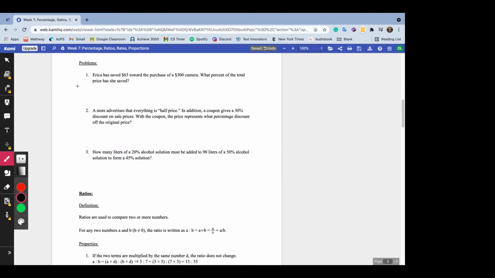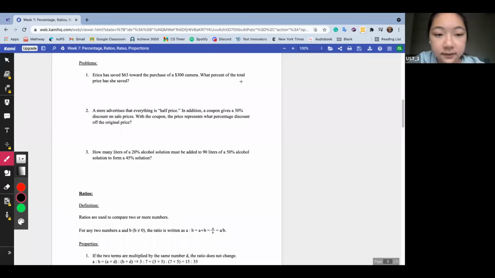So I think it's 63 over 300, which can be simplified into 21 over 100, so 21%. So she saved 63 and the total is 300. And if you divide both numerator and denominator by 3, you'll get 21 over 100. And that means that the answer is 21%.